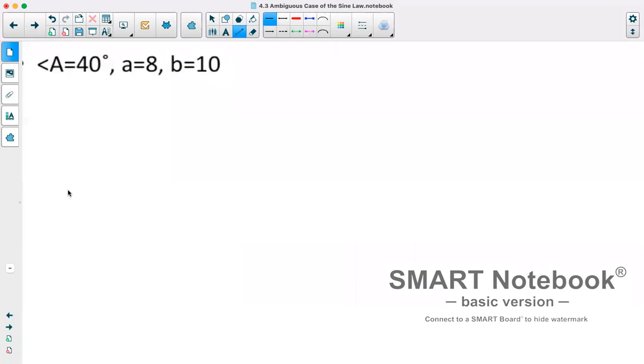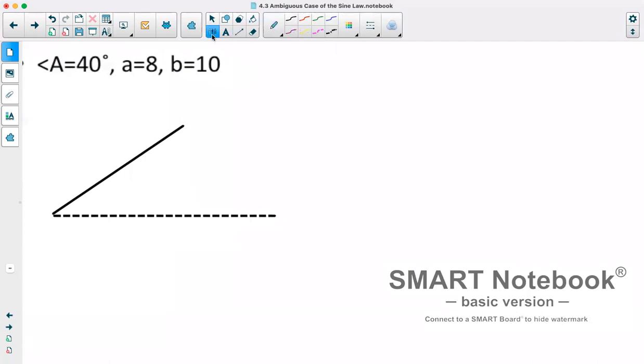The next one, this is once again 40. Our b is still 10. This is a, that makes this side here, which once again we don't know where exactly it is going, and that length a is 8.